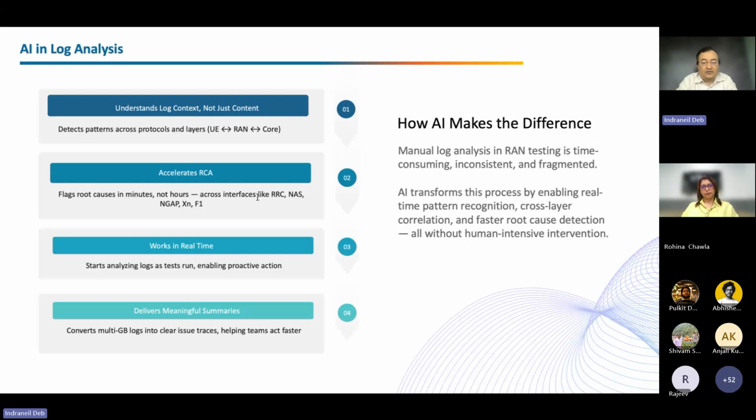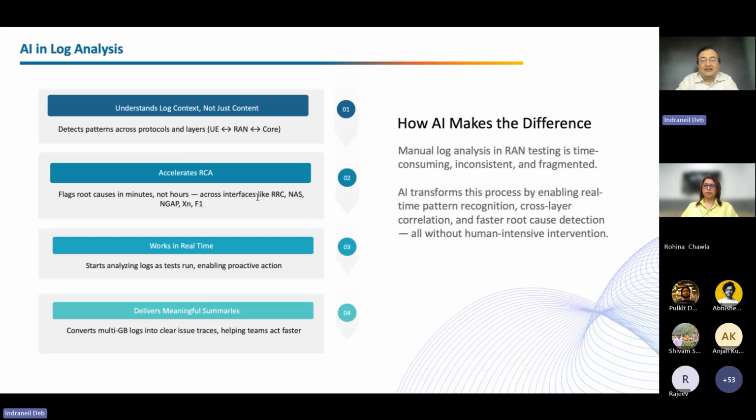And what this correlation does is that it leads to a far more comprehensive analysis that forms the basis of the final verdict. The implication here is that when you see a test case that shows up as passed in the dashboard, you can rest assured that this pass verdict has been arrived at after an analysis of the individual domain logs, where pattern recognition has allowed them to identify error-free or error-prone flows, and moreover, such flows have been correlated across domains.